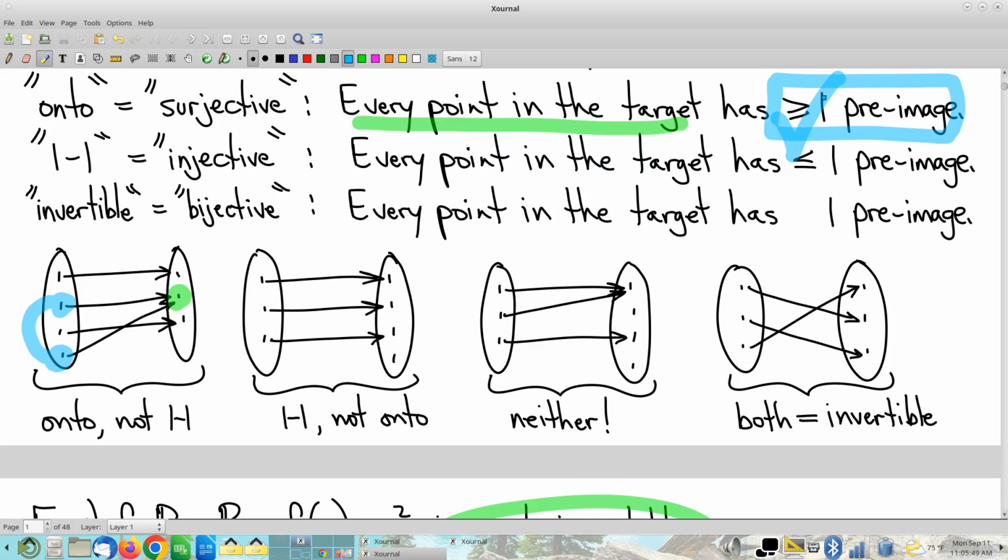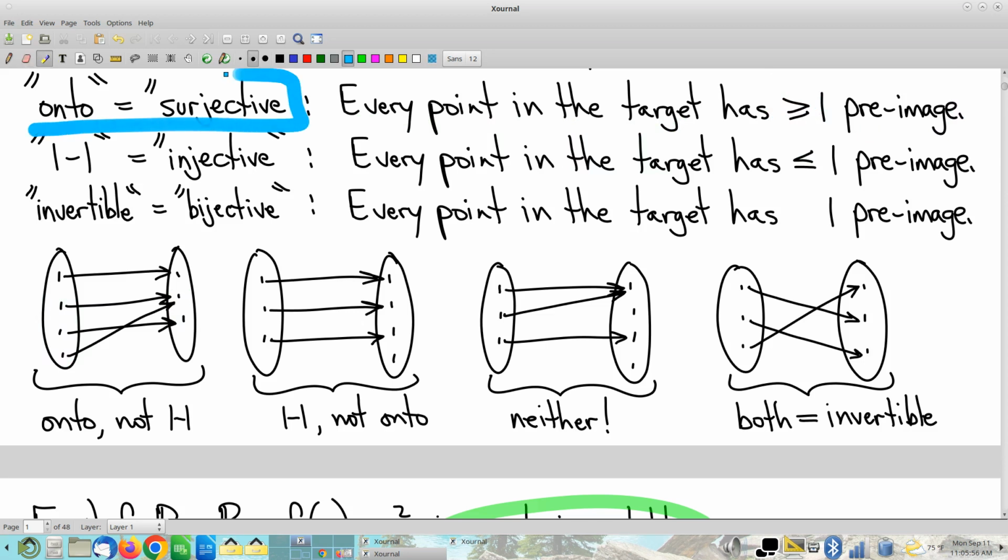And then likewise for the last one. The last one has one pre-image. So here, what we call surjective or onto, this function satisfies the rule because every output has at least one pre-image. Notice not every function does.